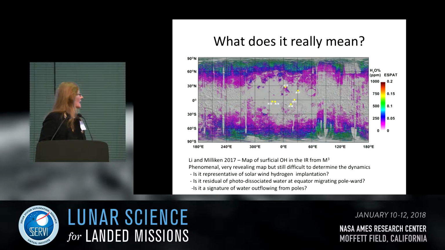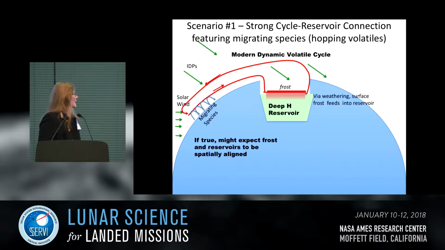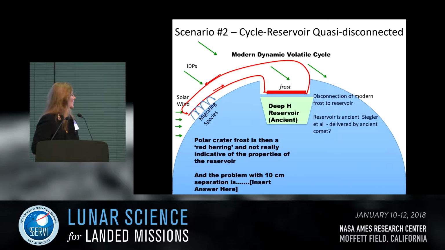This is a recent map of surficial OH. And it's a great map, but it doesn't tell us where the volatiles come from, which way they're migrating. And it doesn't tell us whether there's a connection between the surface frost and this deep hydrogen reservoir. Are these reservoirs connected, or are they disconnected?